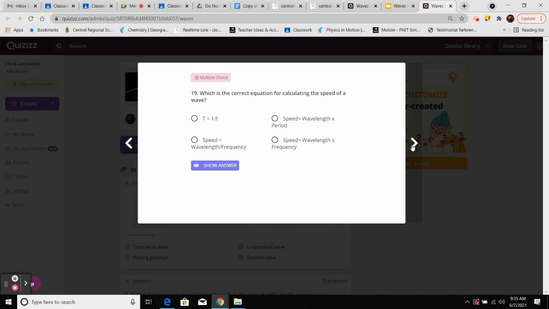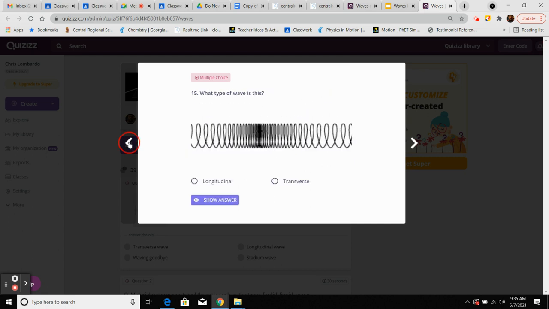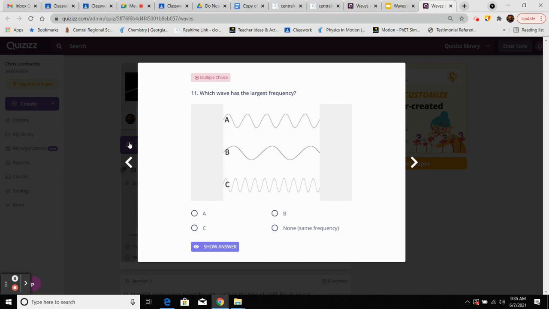So like this one, guys, the equation is in your notes. When the frequency increases, what happens to the wavelength? So let me go back a couple questions for a second. Which one has the higher frequency?